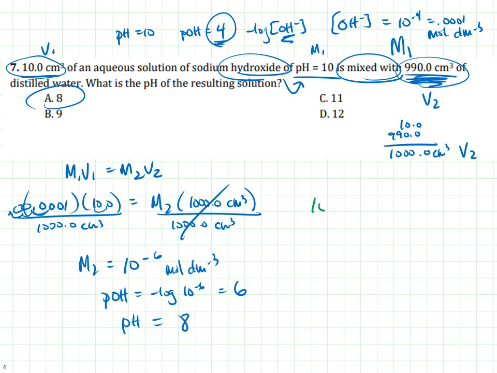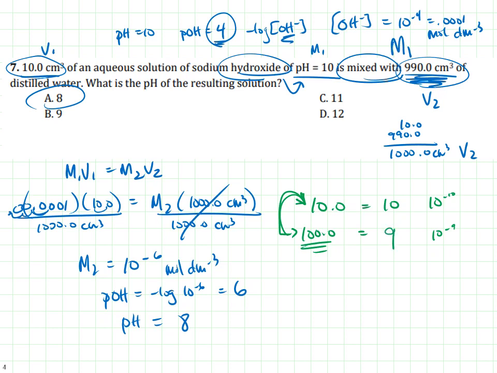So if I have 10 cubic centimeters with a pH of 10, and thinking about common log base 10, we're all about powers of 10. So if I were to dilute my 10 cubic centimeters to 100, this is now 1/10 the concentration of this, which means that I'm going to drop my 10 to the minus 10 down to 10 to the minus 9, because it's 1/10 of it.